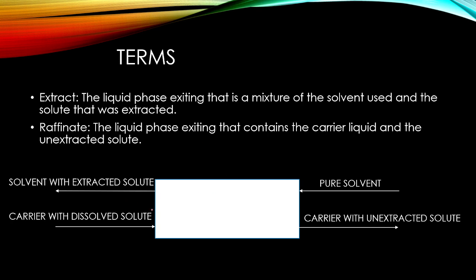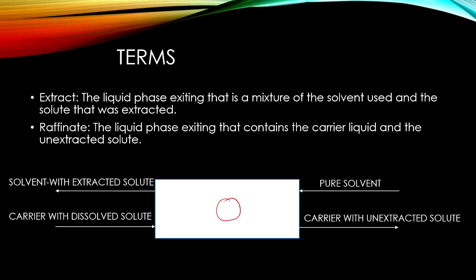So we can have a block diagram to show this, and we can have our pure solvent coming in here, and we can have our carrier with dissolved solutes coming in here. What's going to happen is that the two of them are going to end up being mixed in this system. They're going to come into contact with each other, and then some of the solutes end up being dissolved in the solvent and will therefore be extracted.